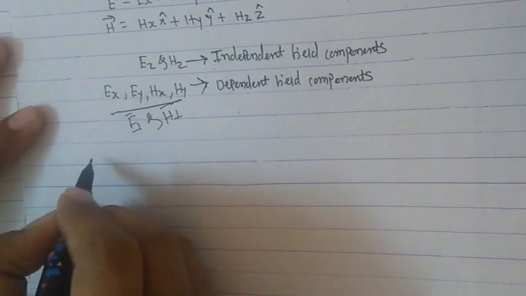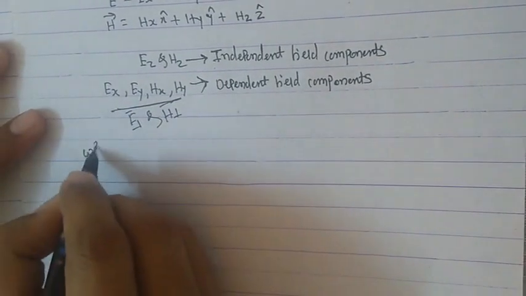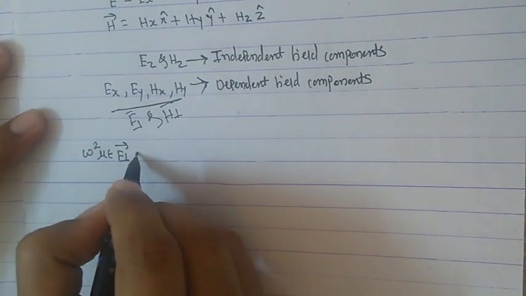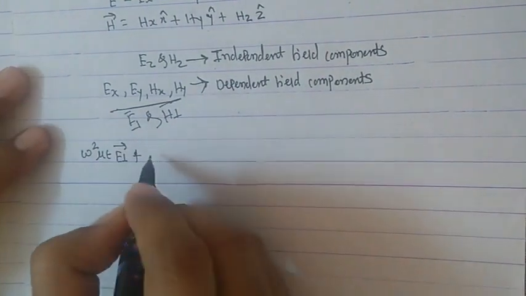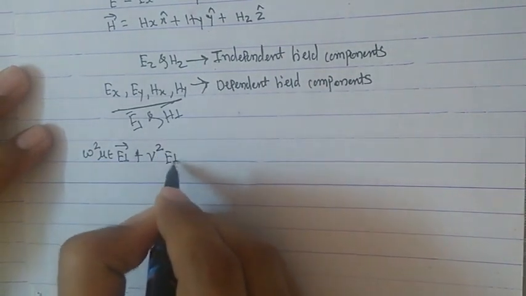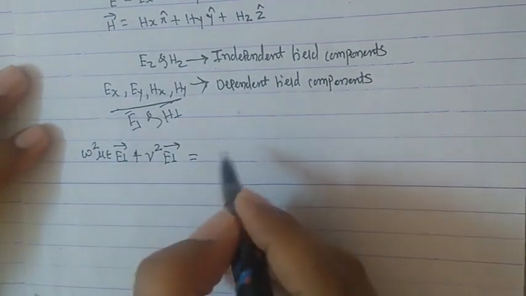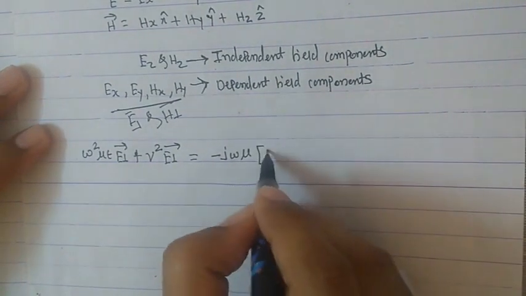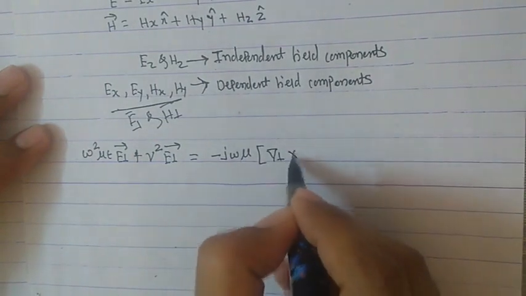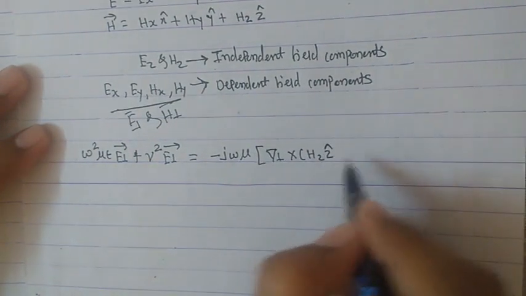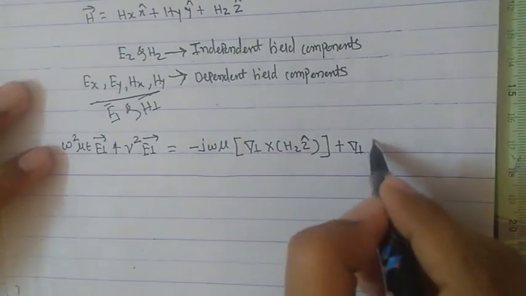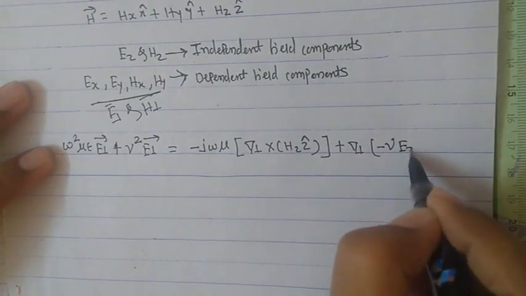So our general equation for transverse field components becomes: omega square mu epsilon E transverse plus gamma square E transverse is equal to minus j omega mu del transverse cross Hz z plus del transverse minus gamma Ez.